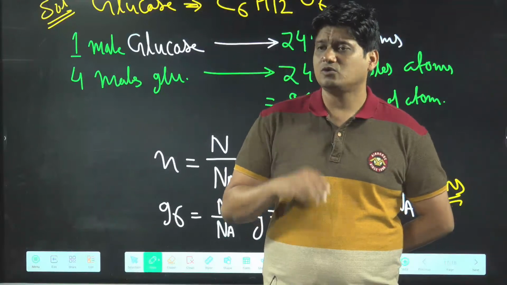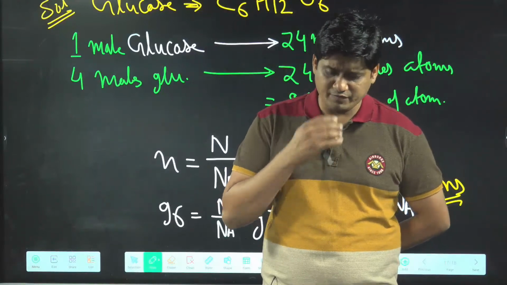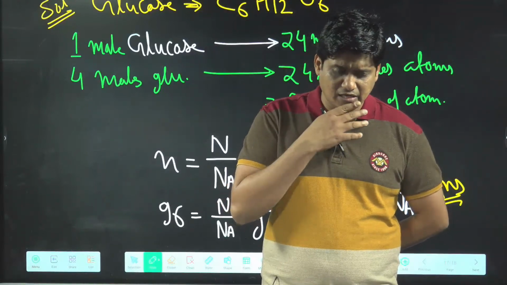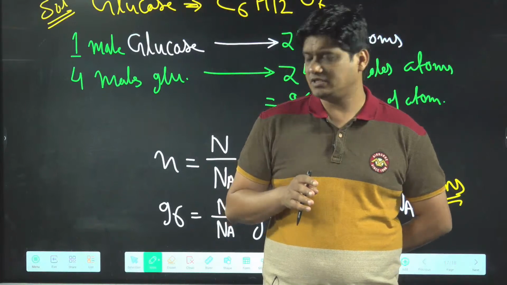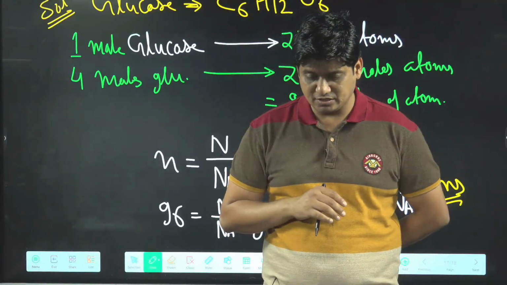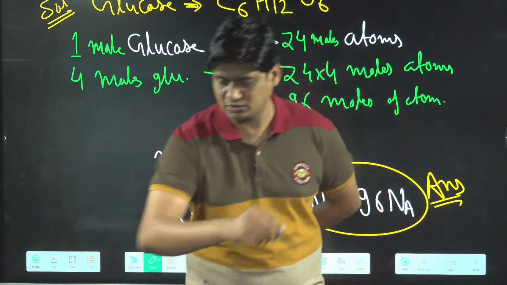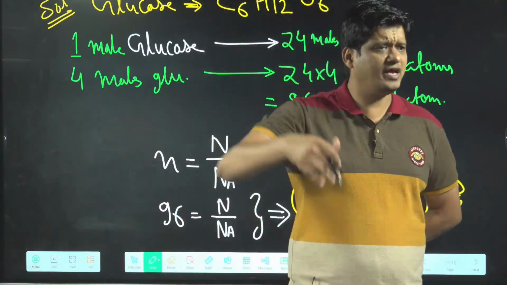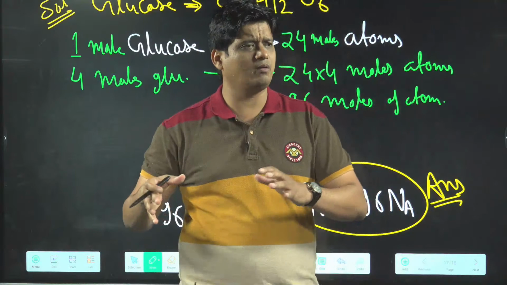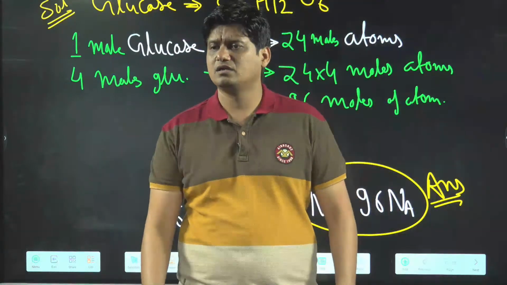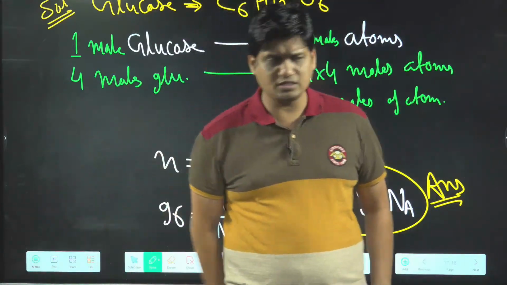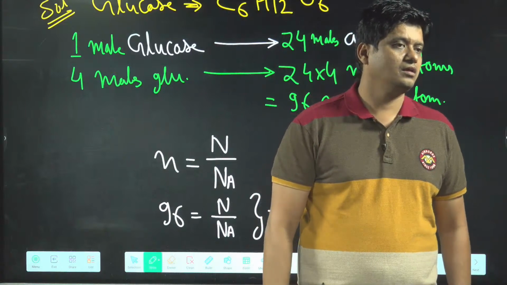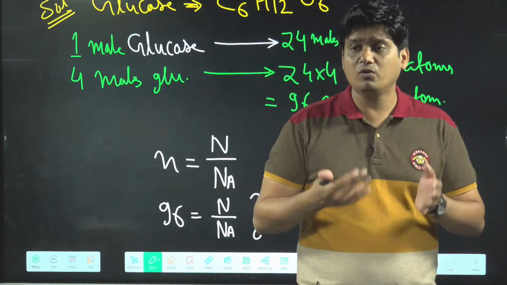We got 96 during the calculation, and we see that in the option 96 is given. Okay, very good, just tick it, because we are in a hurry, trying to solve the problem very fast. We just tick, okay, 96 done, and we forget at that time, oh, it was the mole.